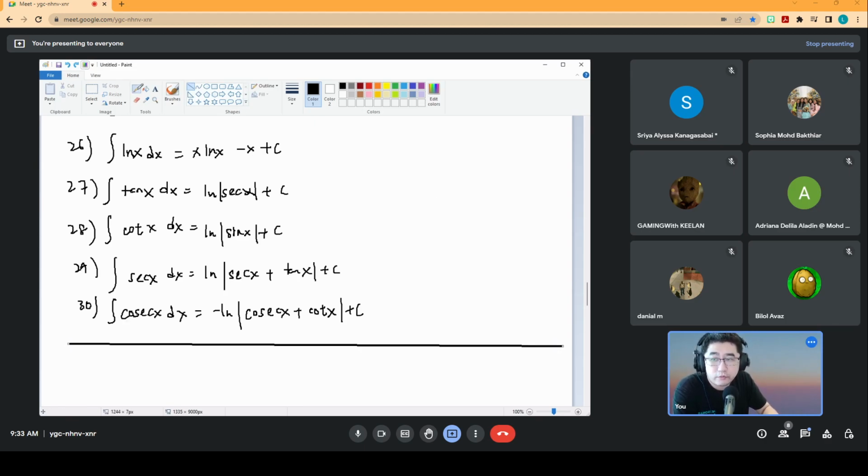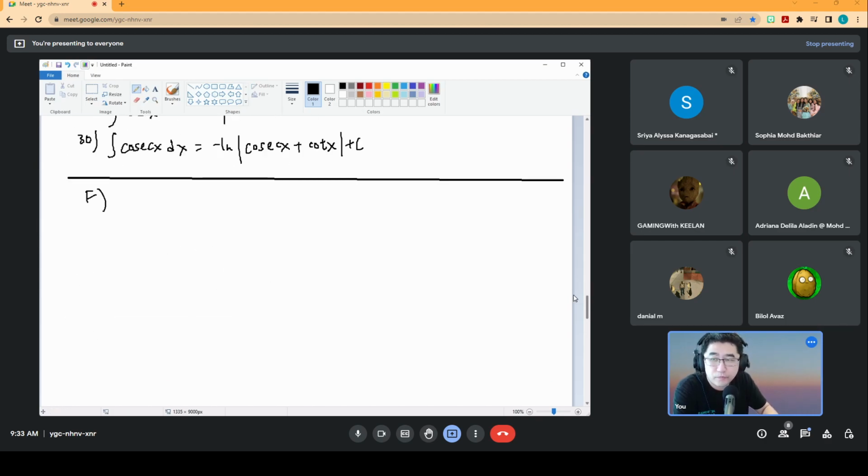Then section F, integration technique. So 31, we have separating variable.